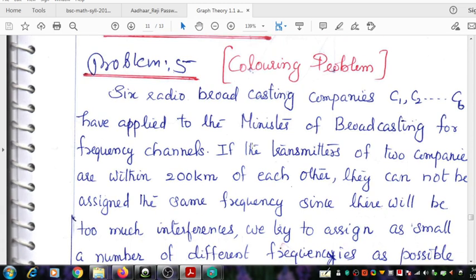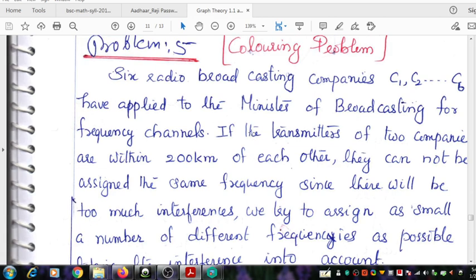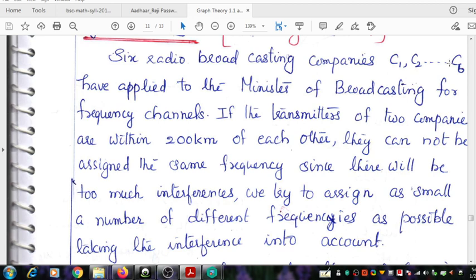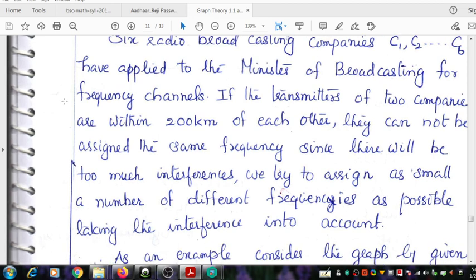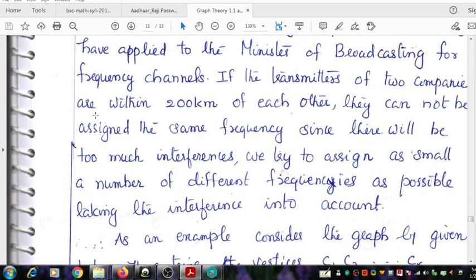The coloring problem is like this: 6 radio broadcasting companies are there. C1, C2 up to C6 are the broadcasting companies, and they have applied to the Minister of Broadcasting for frequency channels.